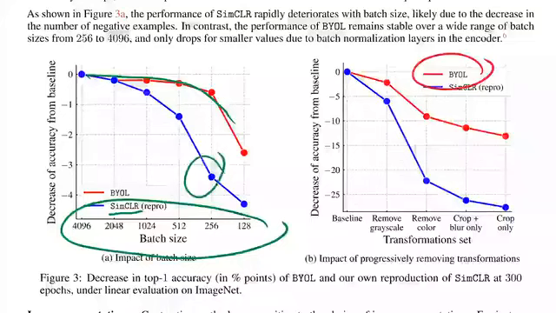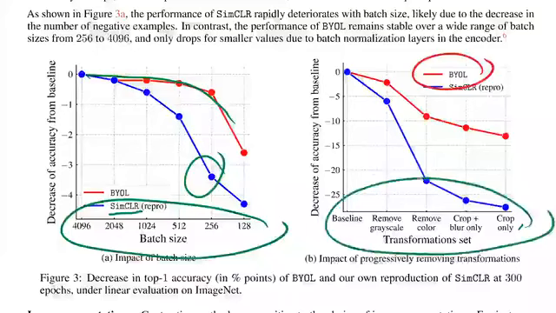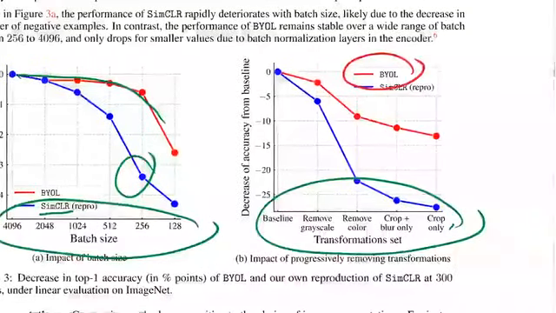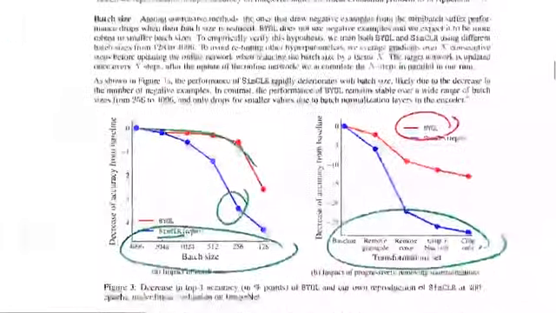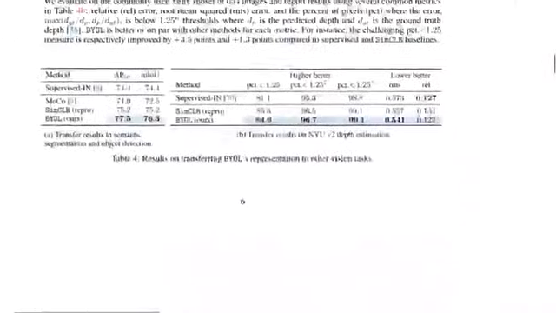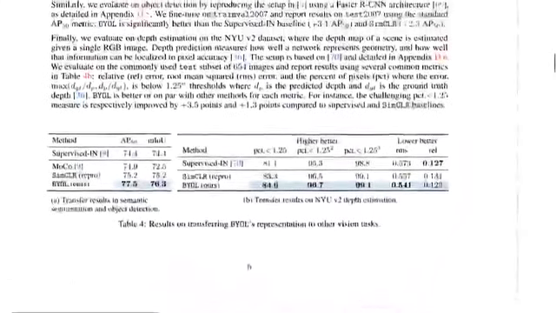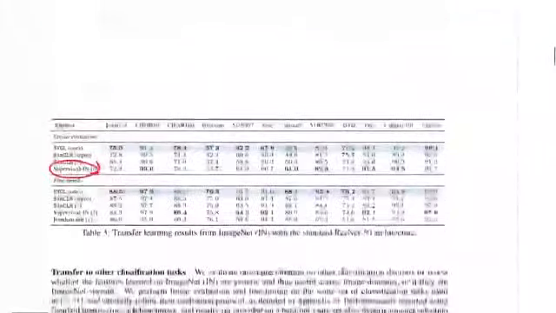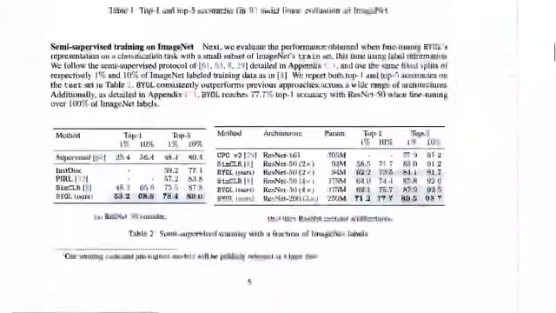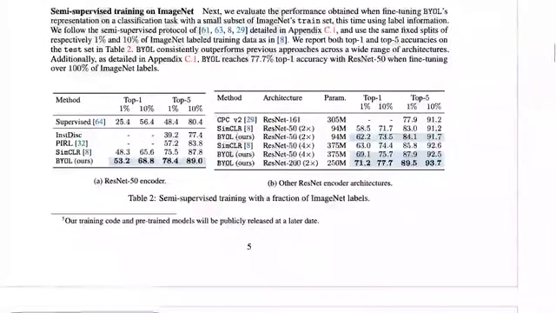And also they show that, for example, their method is much more robust to the removal of a couple of these image augmentations. So all of this I find actually pretty cool, but the actual numbers here, I'm not super duper interested that they get like 2 or 1 points more in something.